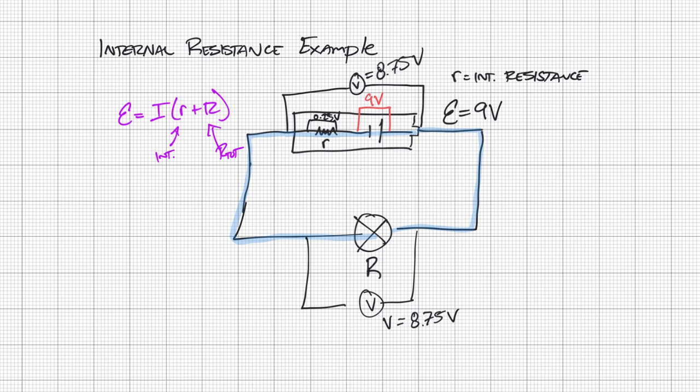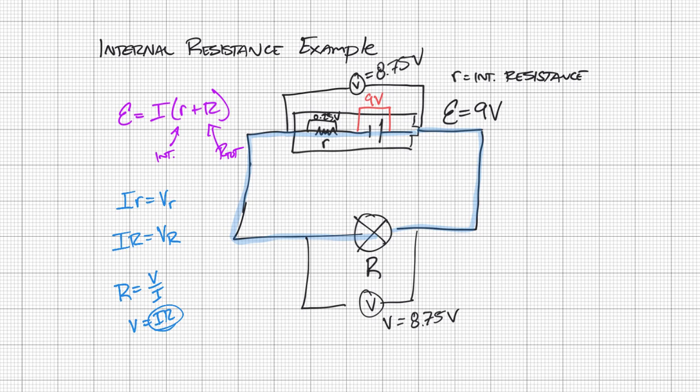So if we work through this, I times little r would be the voltage of the internal resistance, and I times big R would be the voltage of our total resistance. And we're using that by Ohm's law, which is R equals V over I, and then we're just rearranging for V equals IR.